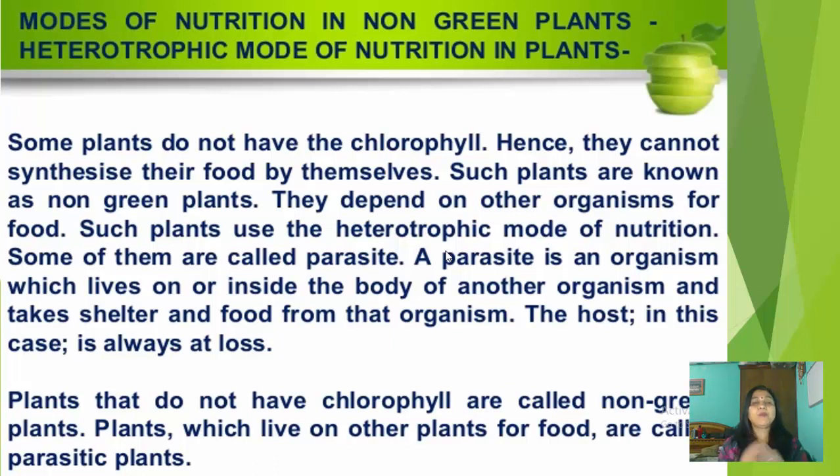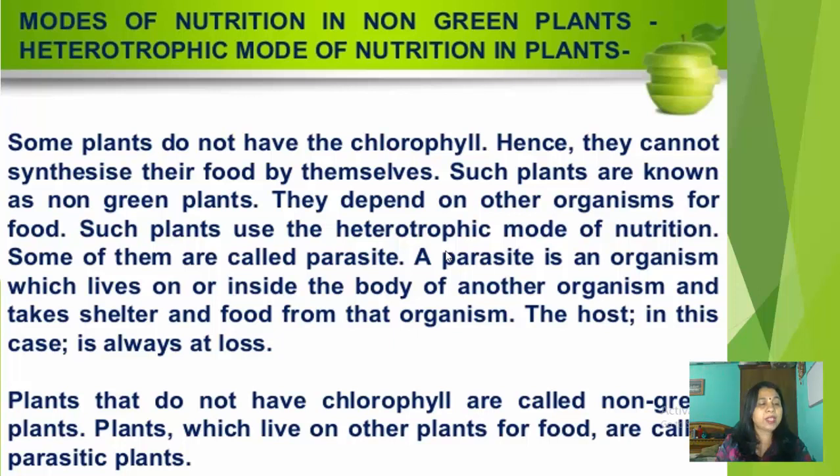Whereas in partial parasite, chlorophyll is present. The plant can photosynthesize, but a proper system for the absorption of water and minerals is absent, as in the case of mistletoe. Mistletoe is a partial parasite.